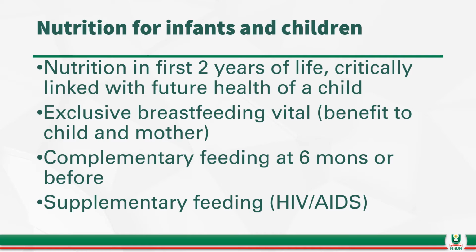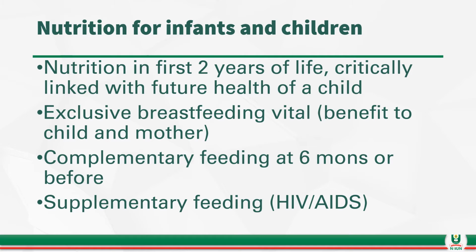So, nutrition in infants and children. Nutrition in the first 2 years of life is very, very important, very vital, and it's linked to the future health of such a child. When a child is well nourished before the age of 2 years, such a child will have good developmental milestones.